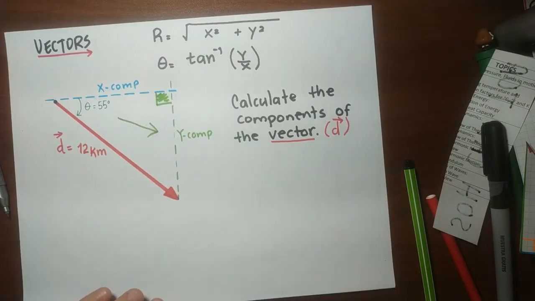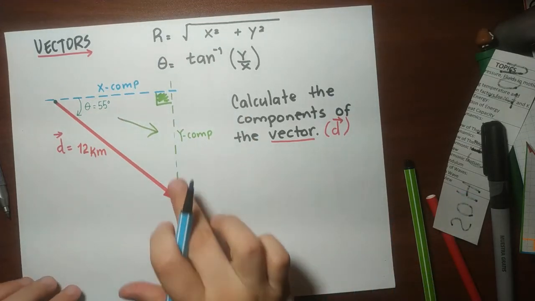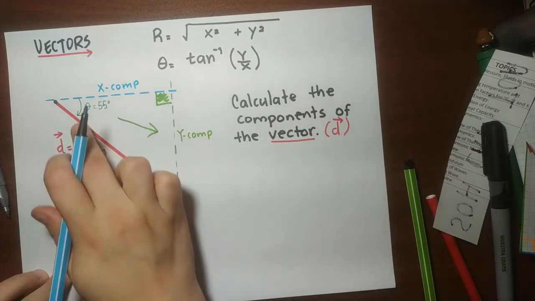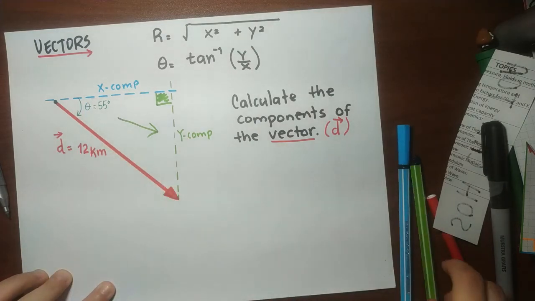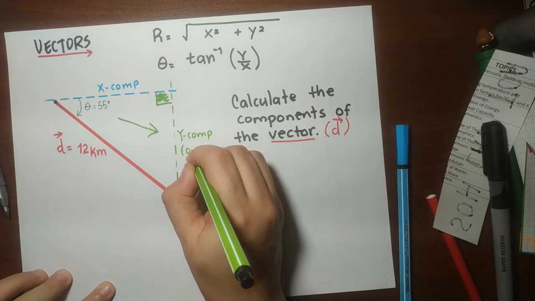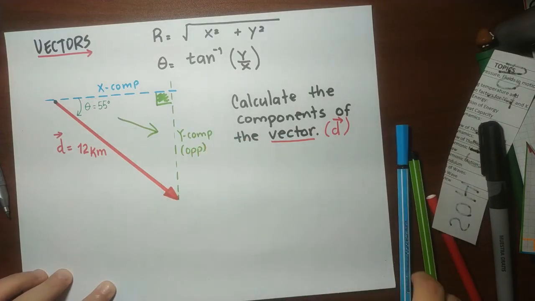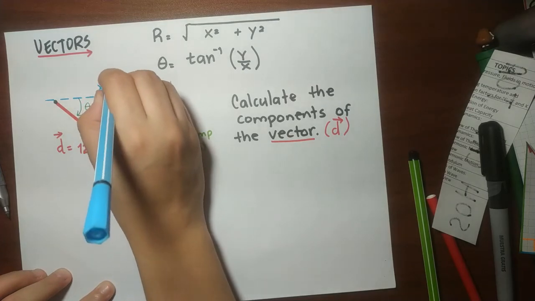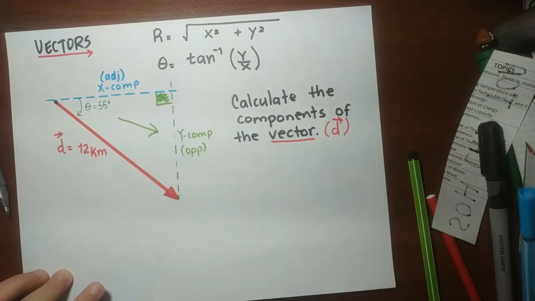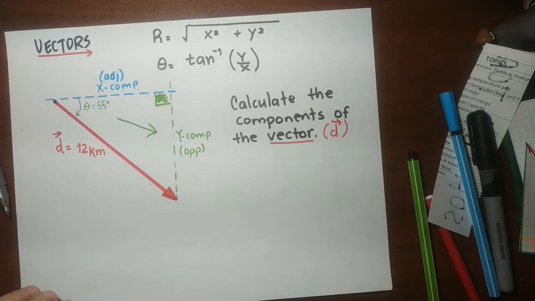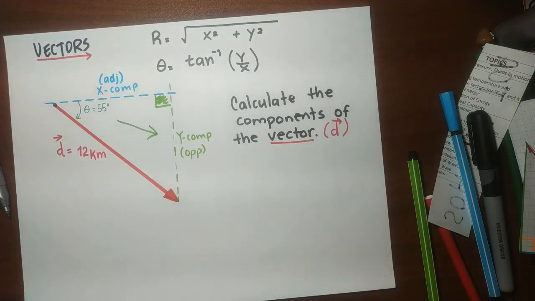Now take a look. My y component, as it is in front of my angle, I'm going to call it opposite. Remember this? Opposite and adjacent help us to use trigonometric functions. Now, how do we get the components of a vector?